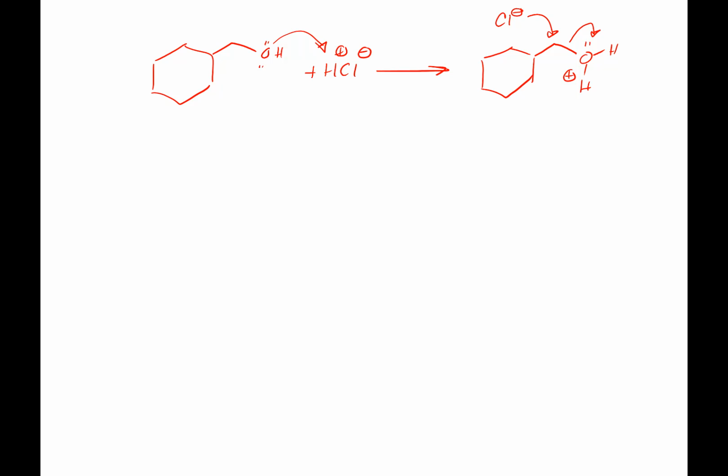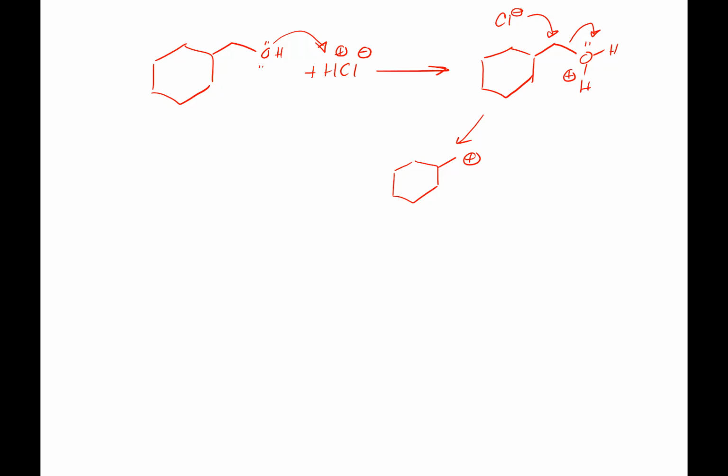It would be a primary carbocation. If I had the water leave, I'd end up with this primary carbocation, and is that stable? No. So in this case, the water cannot leave.